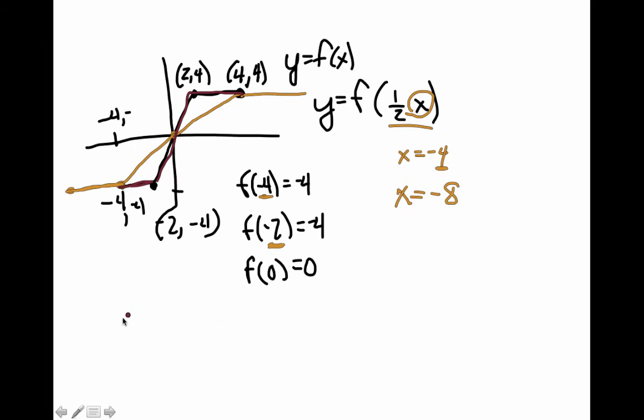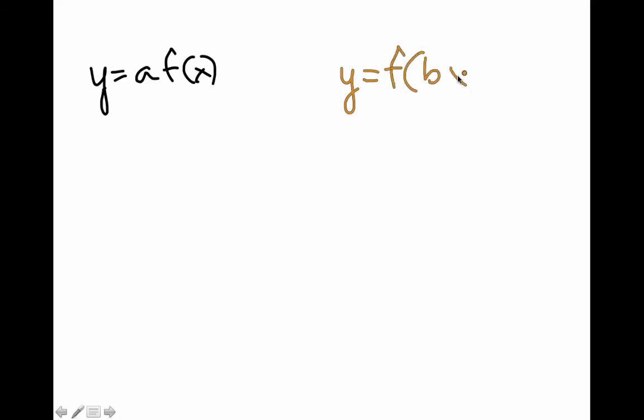So little different with the following parameters. If we look at y equals a times f of x, or if we look at y equals f of b times x. All right, so if I have an a value here, if a is positive, then the graph stays in its normal shape.